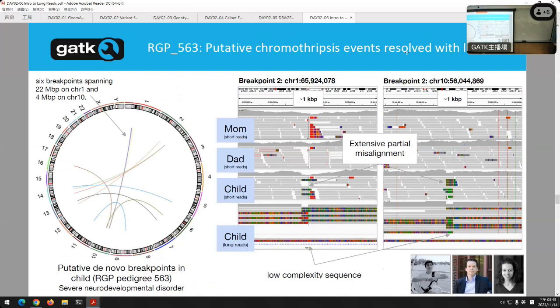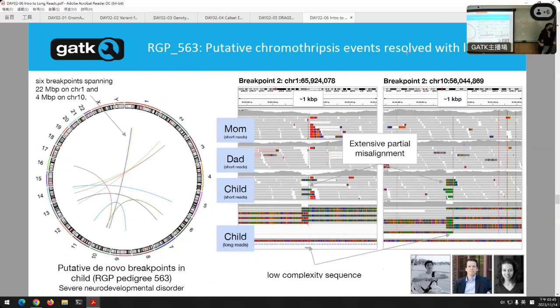So for this patient who had a severe neurodevelopmental disorder, they first did short read sequencing, and they found some sort of signal, this pileup of split reads. So they could tell that there was some sort of structural rearrangement going on there, but they weren't able to fully resolve that event with short reads.